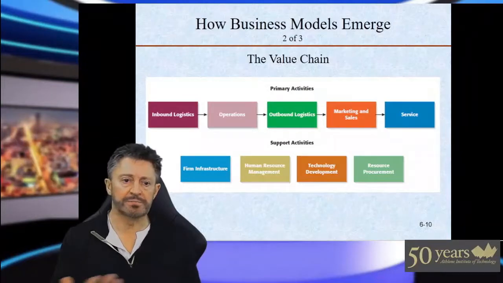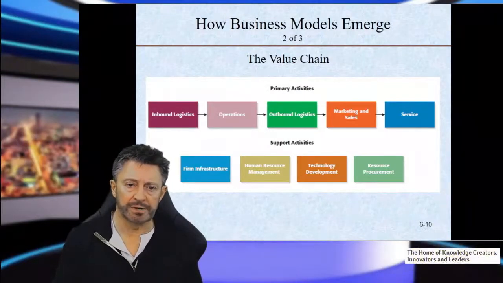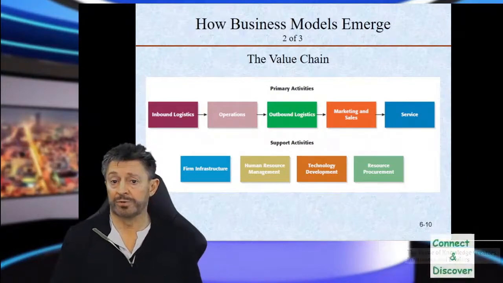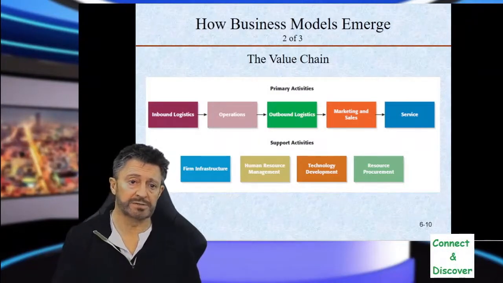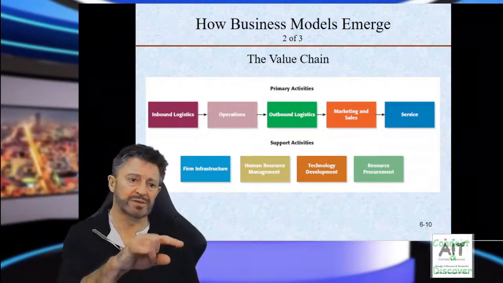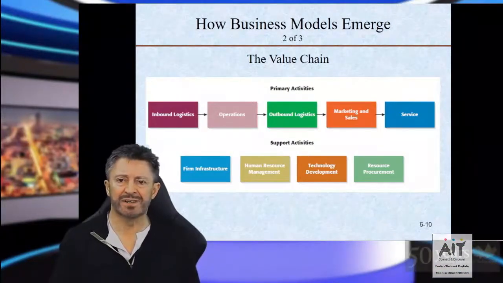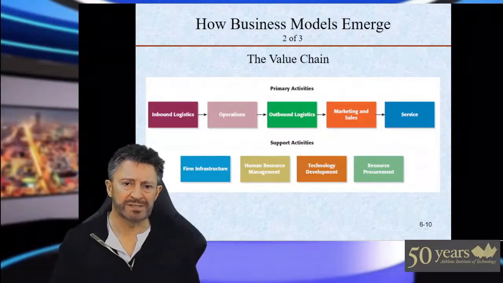And technology development might be the R&D department, and resource procurement, which would be the human resource, HR department in a manner of speaking. Sometimes you see here human resource management and resource procurement. Sometimes they like to split out buying products, but that's not the case.